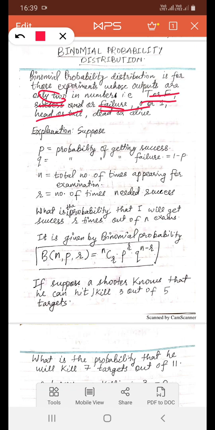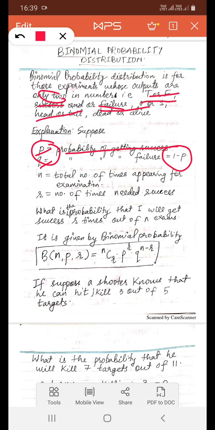So let us explain what is binomial probability. Suppose we are appearing for some exam, and this P is the probability of getting success, Q is the probability of getting failure, which is counted by 1 minus P. If I know this value P, anyhow I know the probability of passing the exam.